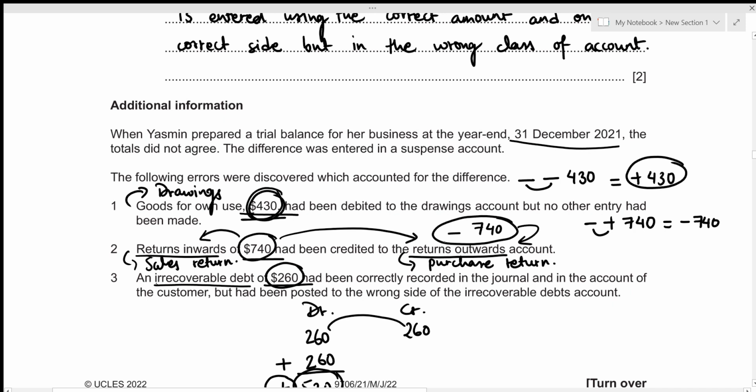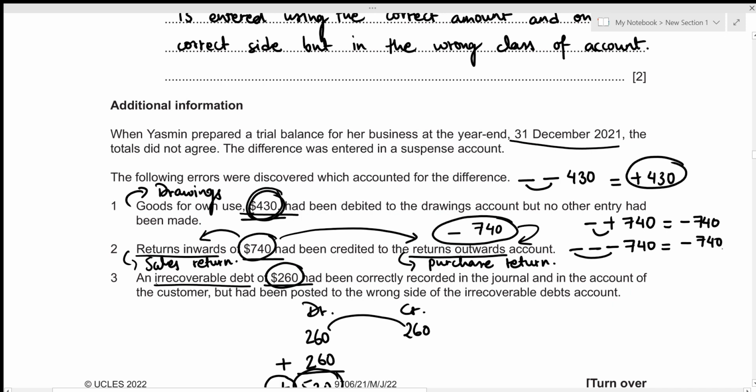But we also need to adjust it to our returns outwards account, because we need to subtract 740 from the return outwards account, and we know that return outwards is basically purchase return, which is subtracted within cost of sales, right? But again, we also subtract the cost of sales in order to figure out our profit, so that's another negative. So that's three negatives, which make up again a negative, so that's negative 740.